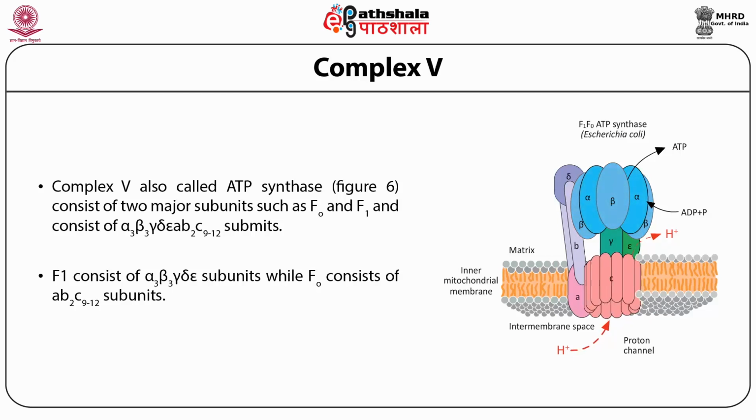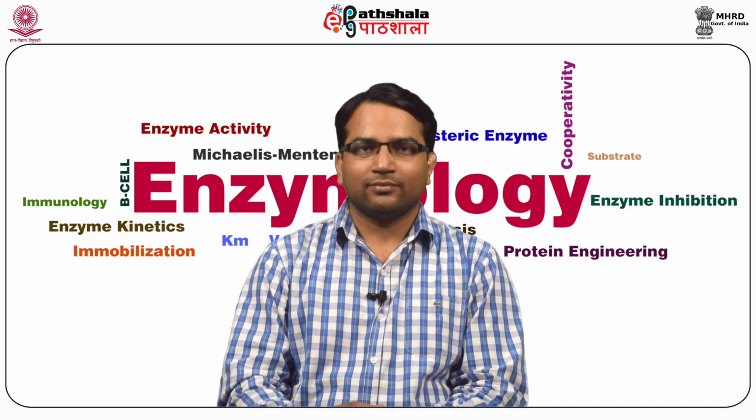So when proton transfer takes place, it always passes through the space created between the A subunit and C subunit, and the movement of this proton is responsible for the function of this complex.